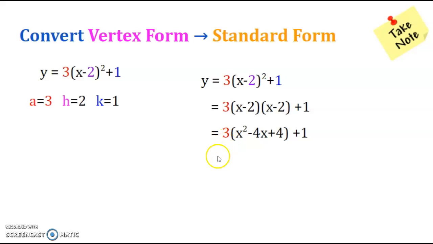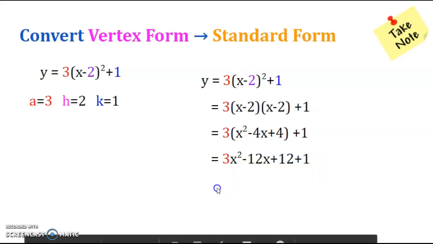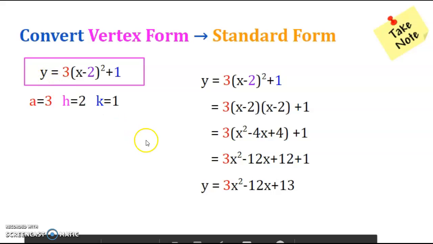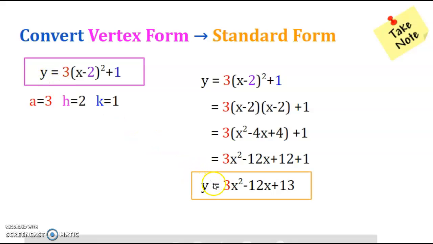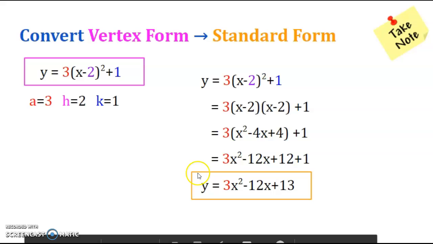Then you multiply by 3 and distribute, and you get 3x squared minus 12x plus 12 plus 1, which is the very last term. Finally, that becomes y equals 3x squared minus 12x plus 13. So that is the vertex form, which we converted to standard form.